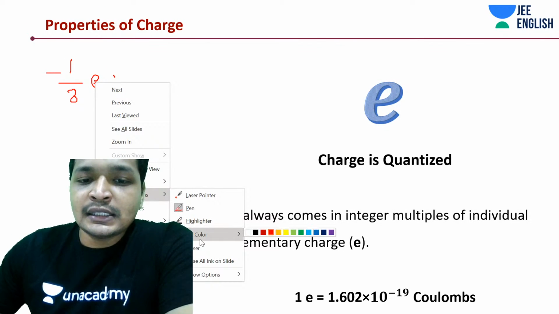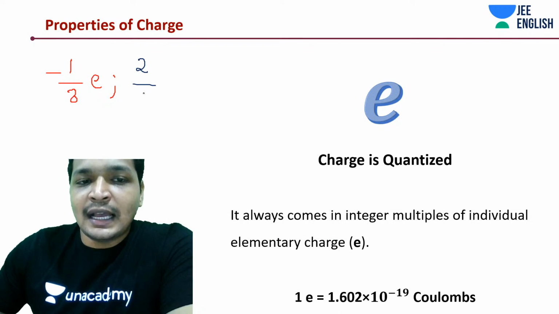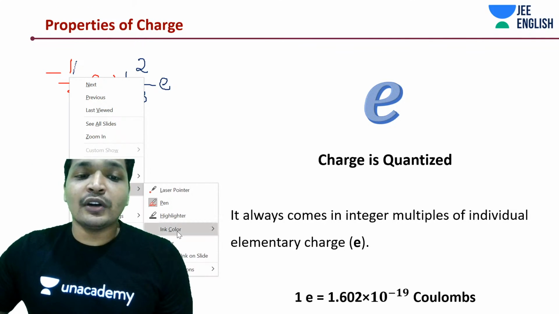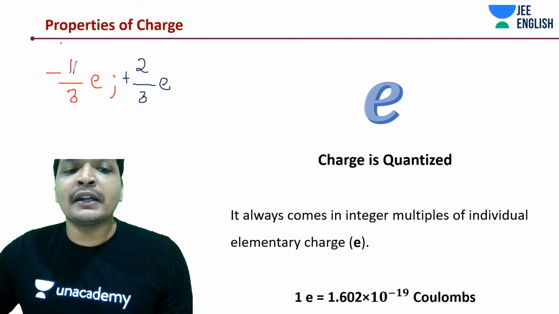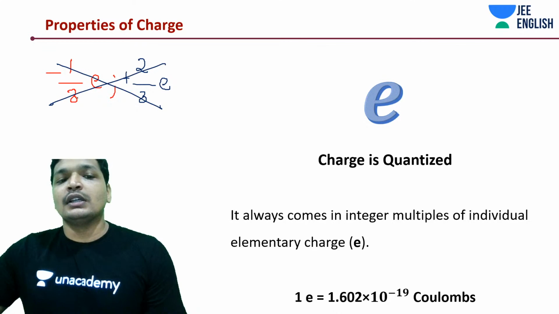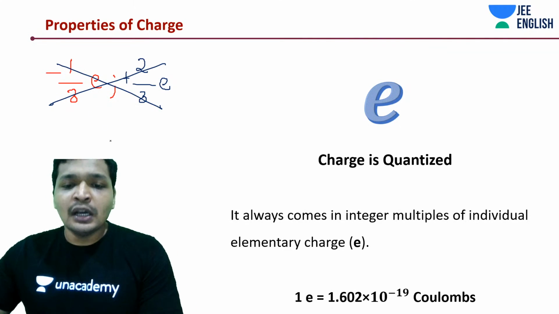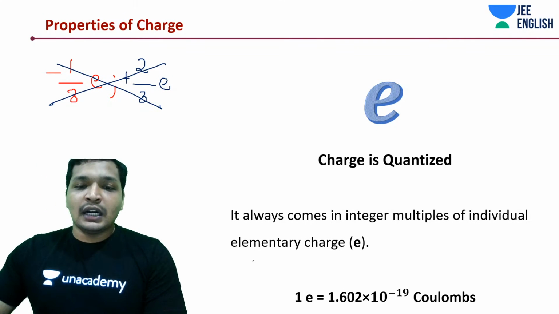Similarly, you can't say something like 2/3 of an electron has been lost, that means positive 2/3. But this is something that you can't say because charge is quantized, and this thing was experimentally found.